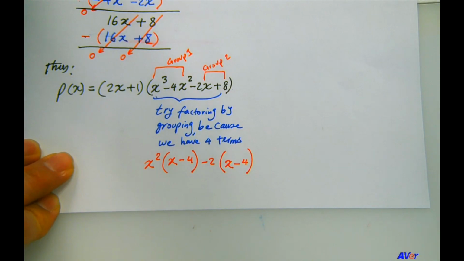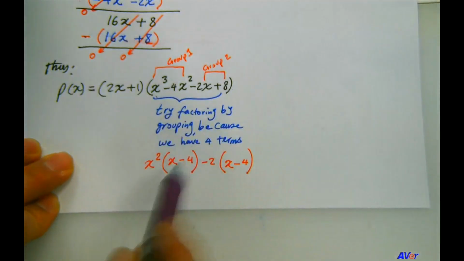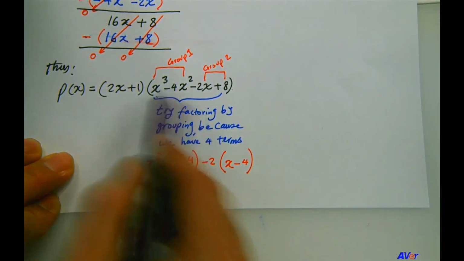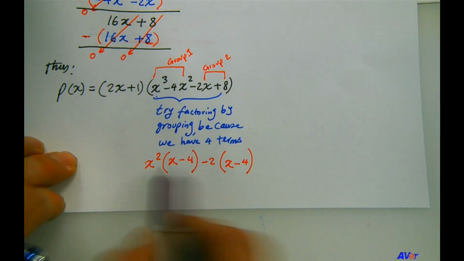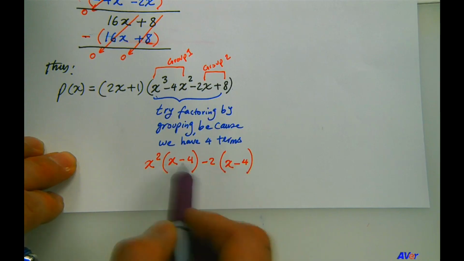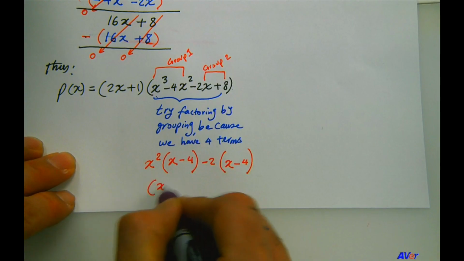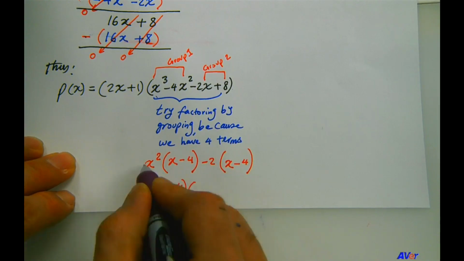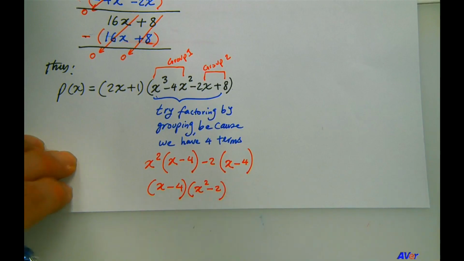Interesting, isn't it? Now, it worked because by factoring by grouping, we are able to fully factor that expression without trying any of the other possible rational zeros. So then we have x minus 4 and x minus 4 as common factors. So let's factor out x minus 4 times x squared minus 2.